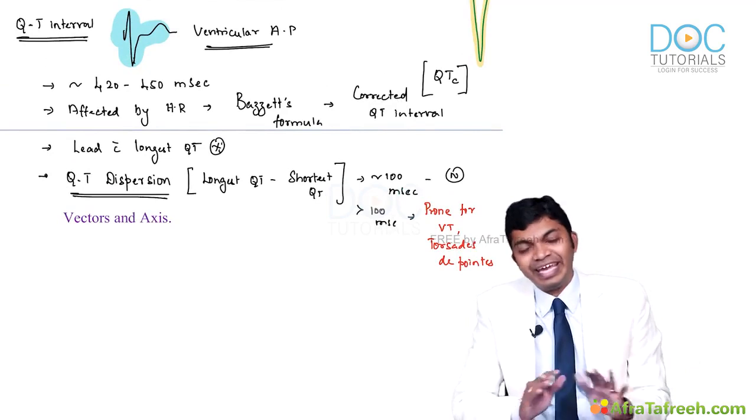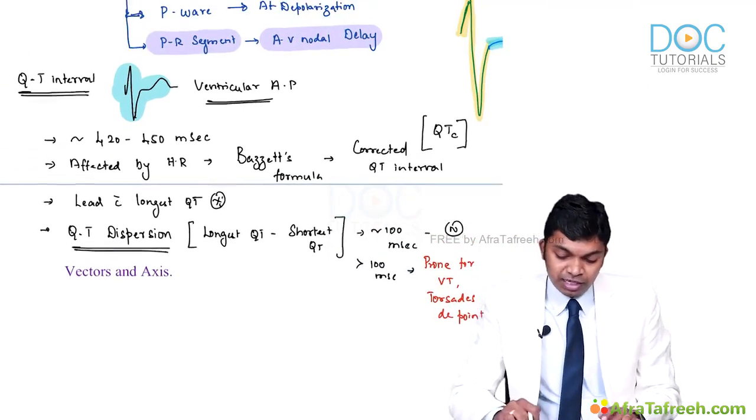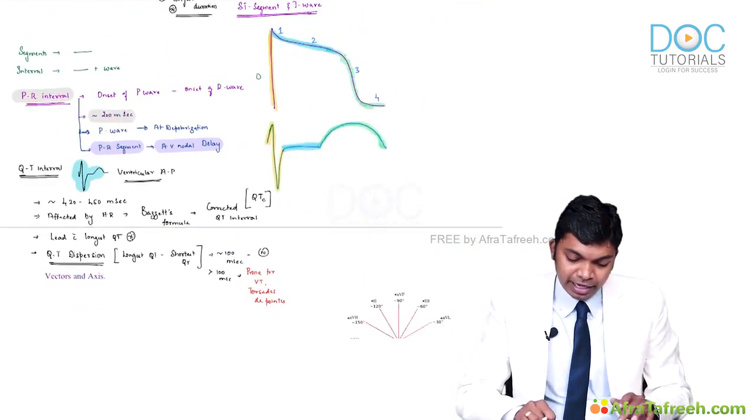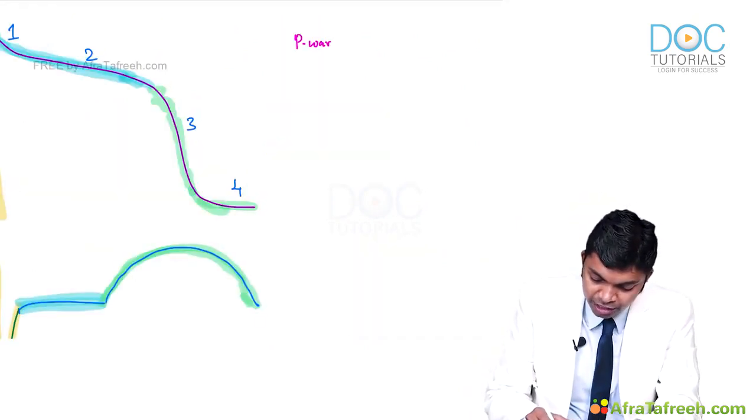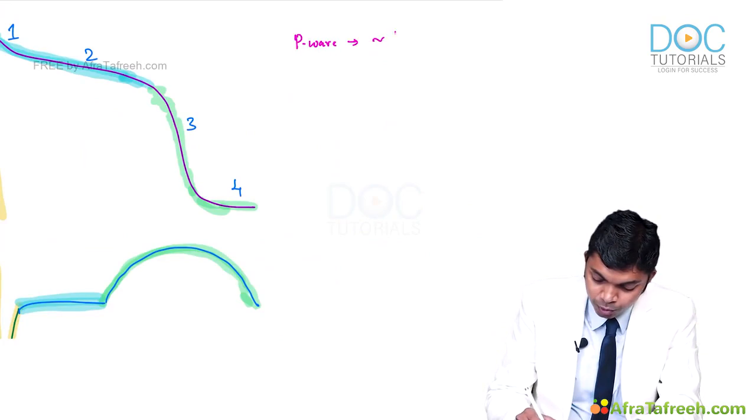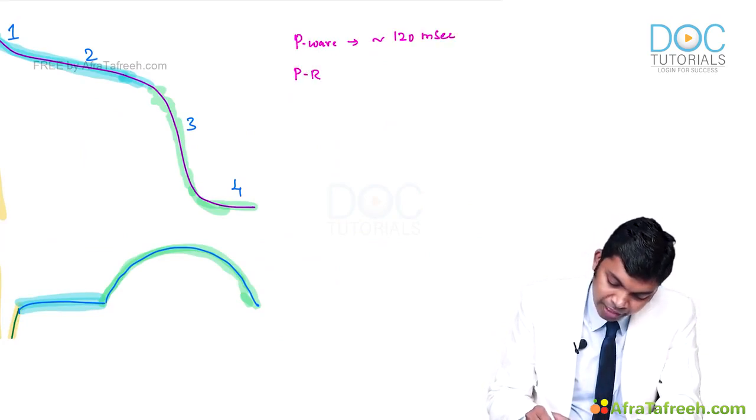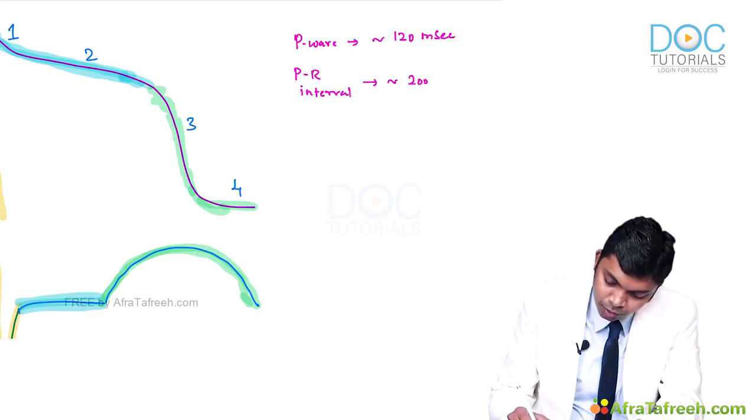This is the QT interval. So to summarize these waves and intervals, doctors, remember we have the P wave whose duration is about 120 milliseconds. The PR interval duration is about 200 milliseconds.